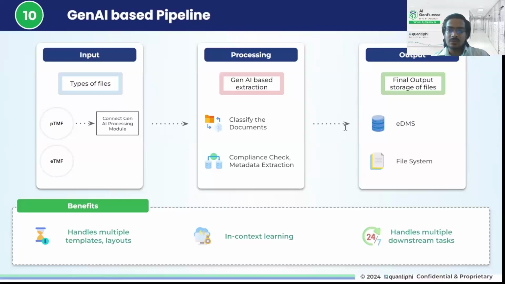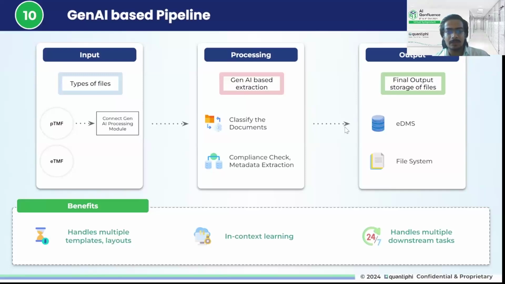Generative AI will be used to perform compliance checks, classification, and metadata extraction on top of these documents. Once the documents are processed, they will be seamlessly integrated with EDMS systems. The GenAI based pipeline can handle diverse document layouts and templates and can work 24/7 for all the downstream tasks.